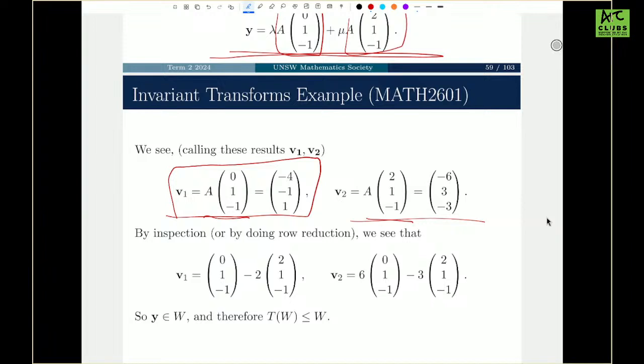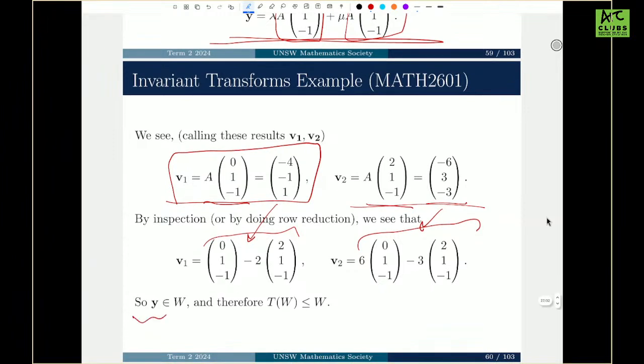And then you can use your favorite method to figure out how it is in fact a combination of our two basis vectors. But you can see the (-4, -1, 1) ends up being this, and then (-6, 3, -3) ends up being that, which is in the span of those two vectors, which is in W.